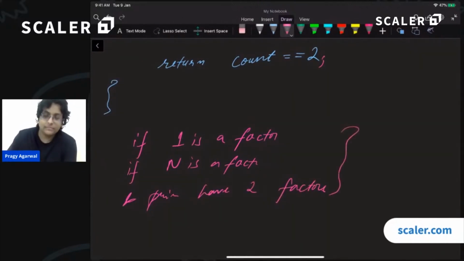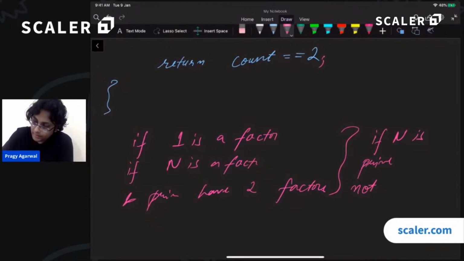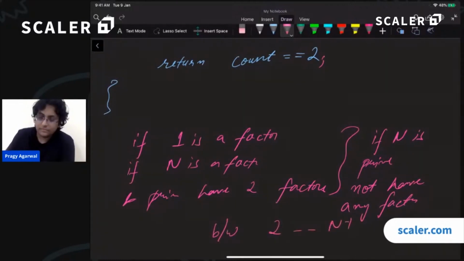What does this mean? This means that if n is in fact prime, then it must not have any factor between 2 all the way till n minus 1. Is that clear?